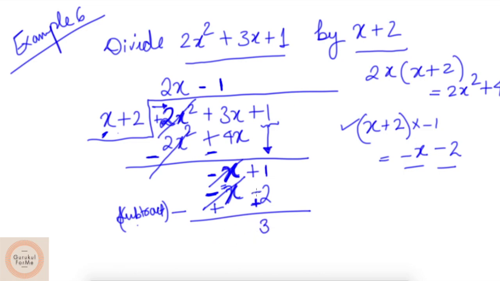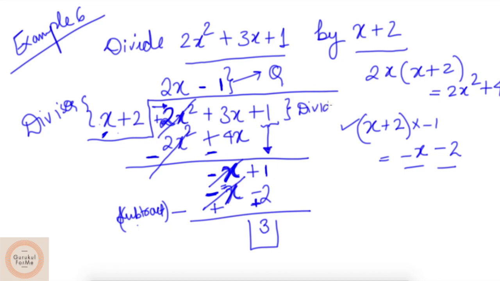So what does it tell us? It tells us that the remainder is 3, the quotient is 2x minus 1, the divisor is x plus 2, and the whole thing is the dividend.